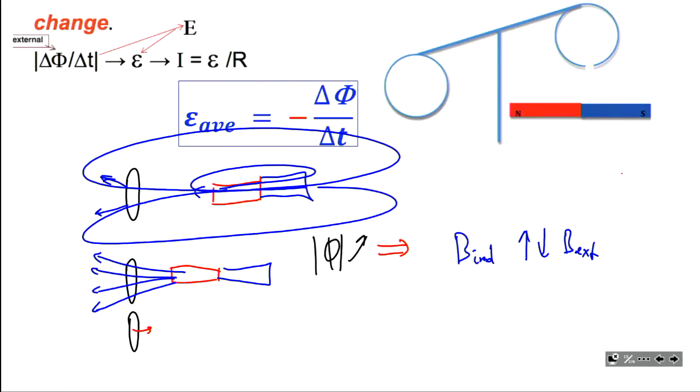If someone had been looking from behind the screen, that same direction would have been from left to the left. So this is the external magnetic field. This is the induced magnetic field. However, if we remember the very first definition of magnetic field, well, it included magnitude and direction.